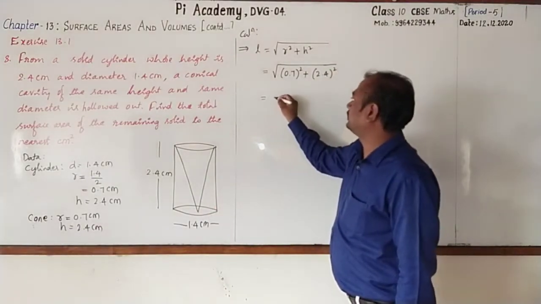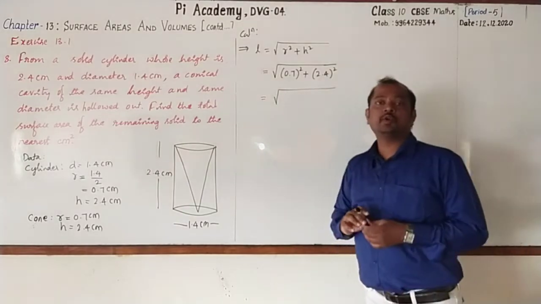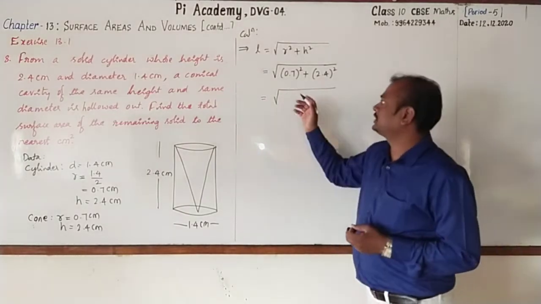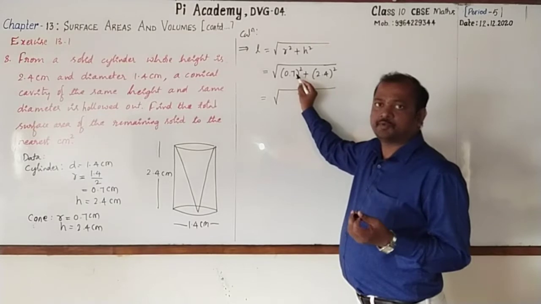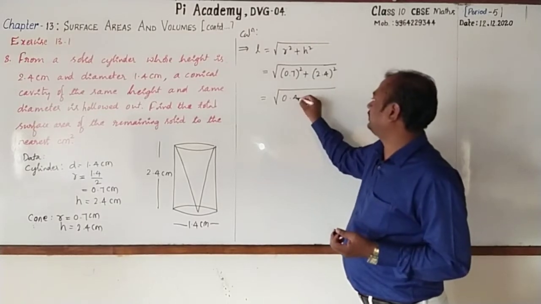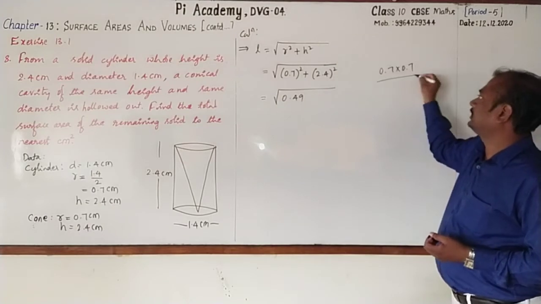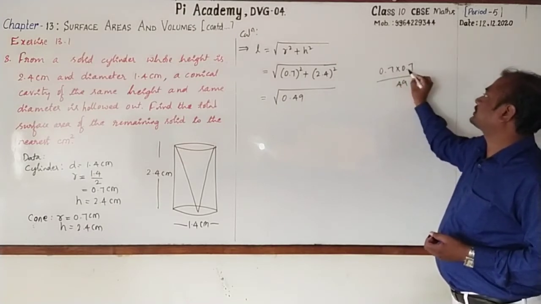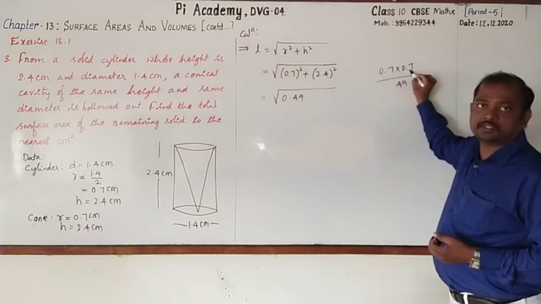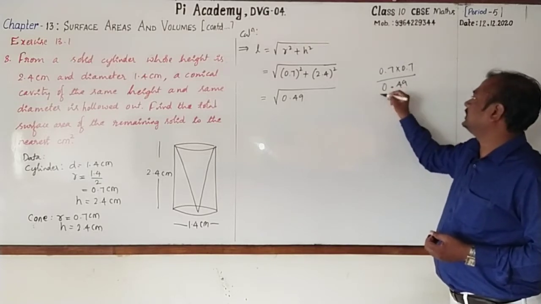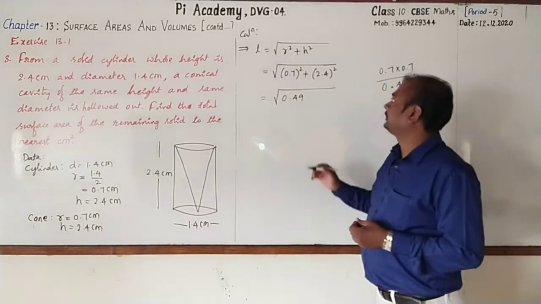This is equal to square root of 0.7 whole square. How much is it? 7 7s are 49. So it will be 0.49. Got it? 0.7 into 0.7 is 49 after decimal. Here one digit, and two digits before. Hence it will be 0.49.